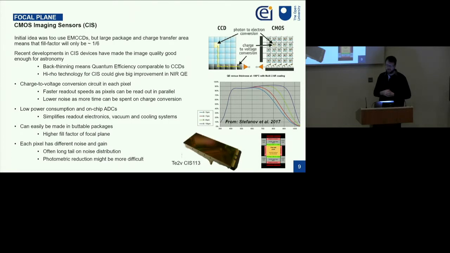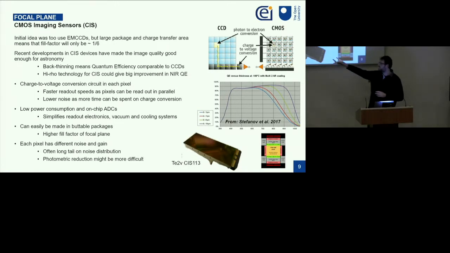And as they run at a much lower power level, and the new CMOS devices have on-chip analog to digital conversion, you can simplify your readout electronics, and this whole system will become much easier to build and to maintain if you use CMOS devices rather than EMCCDs. And also they come in highly buttable packages.